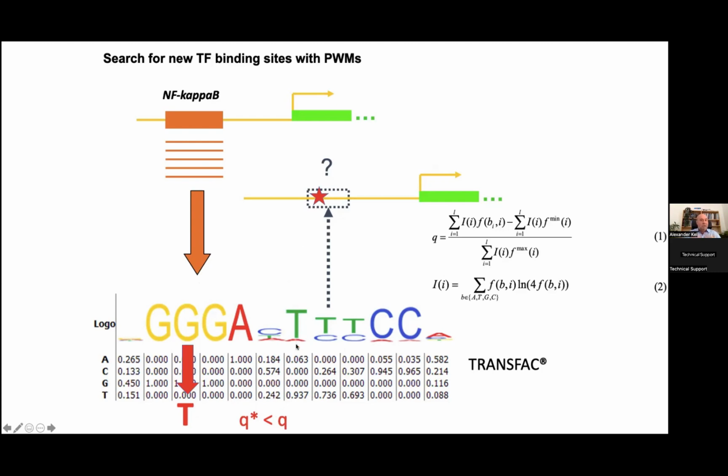Very often it changes quite drastically. From a score which is really near the maximum, it can drop to an absolutely random score if it happens in a very conserved position. If it happens in a not very conserved position, then the score doesn't change too much. So we can put a cutoff on that delta score, which means we can see those sites which are changed to a very high extent.